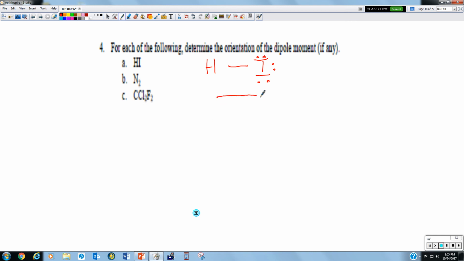Iodine. So what that means is our arrow is going to go towards iodine. This is our partial negative. This is our partial positive. And that would be our dipole moment. So looking at this one, is it going to be a polar or non-polar bond? Polar.